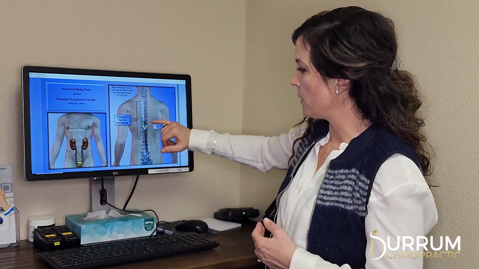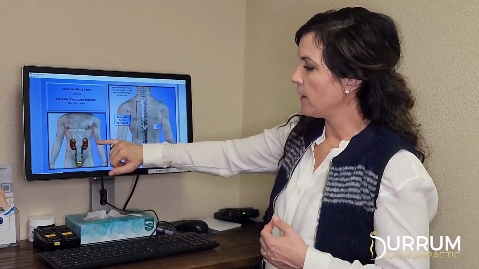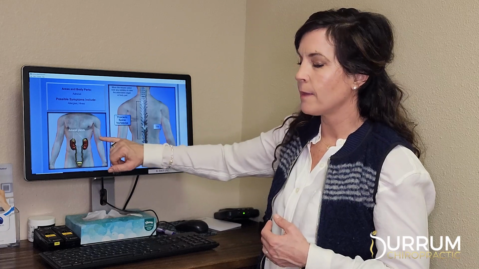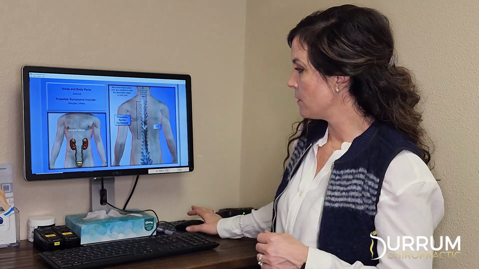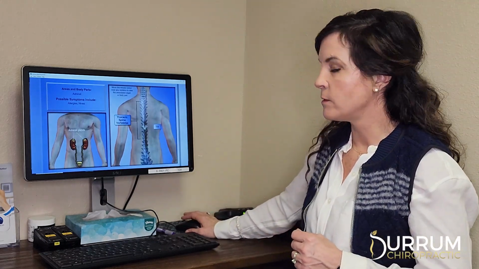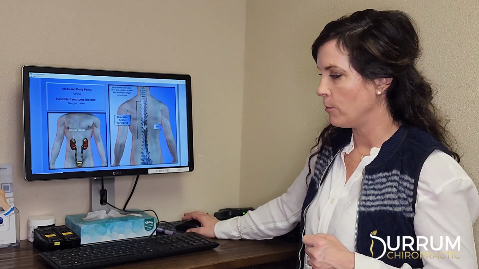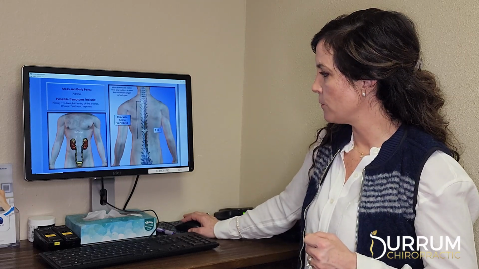If we have chronic stress in this area, it can actually cause and lead to exhaustion of these adrenal glands. So then when we are actually under stress and we need that burst of adrenaline, the adrenal glands are tanked. They have nothing left to give. This is what leads into adrenal exhaustion, which can also cause problems with high blood pressure, exhaustion, sleep problems, things of that nature.